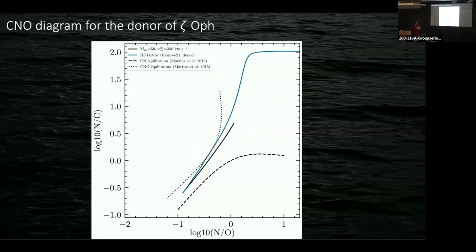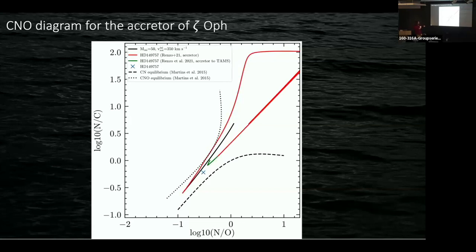Here, for example, is a track of the donor in terms of CNO. And if you look at the accretor, it goes to enrich and does the mass transfer at the end. With a model, we can really reach this enrichment.